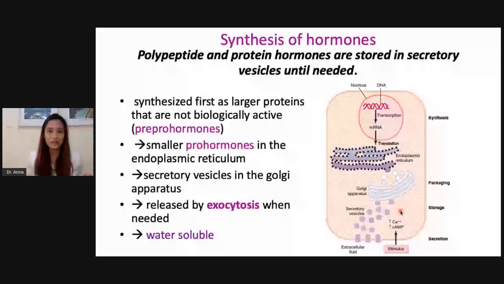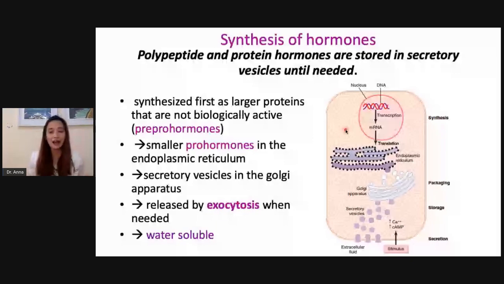So in terms of synthesis of hormones, your polypeptide and protein hormones are initially stored in secretory vesicles until they are needed. And usually they are synthesized as large proteins that are not biologically active yet. After your DNA is transcribed and eventually translated to proteins, they are initially produced as pre-prohormones.